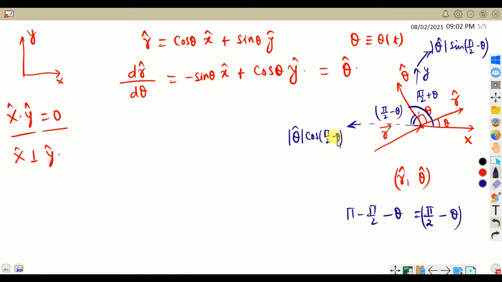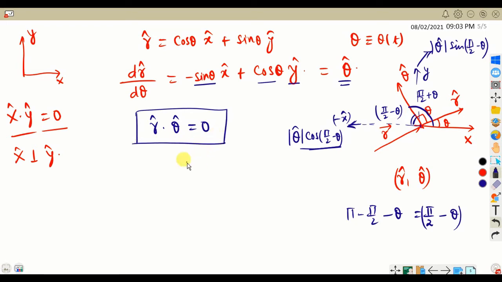Now cos of pi by 2 minus theta, in this direction, is minus x hat, so it will be minus sin theta x hat, and sin of pi by 2 minus theta in the y direction is cos theta y hat. So this is nothing but your theta hat. Now we can check that r hat and theta hat are perpendicular to each other; their dot product will vanish.